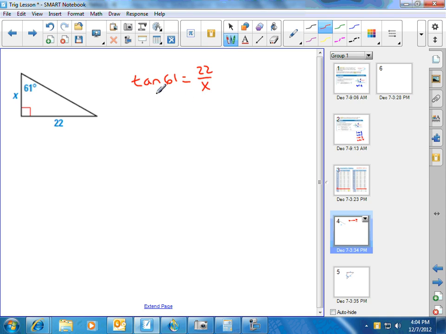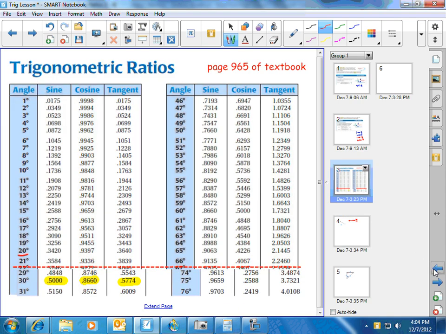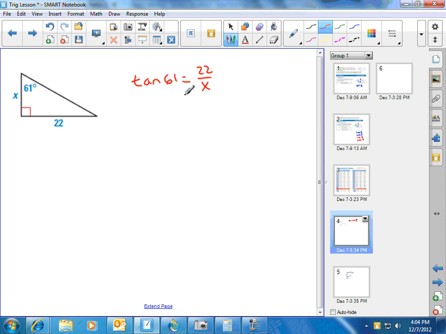The tangent of 61 is some value. If you go back to your table, the tangent of 61 is 1.8040. I'm just going to estimate that at 1.8. So 1.8 is equal to 22 over x, and I want to solve for x. That's going to give me this leg length.